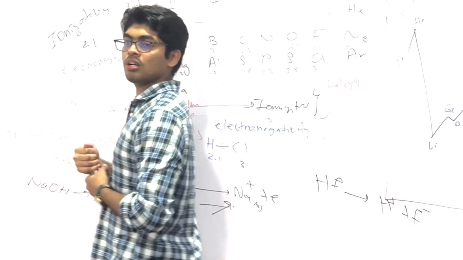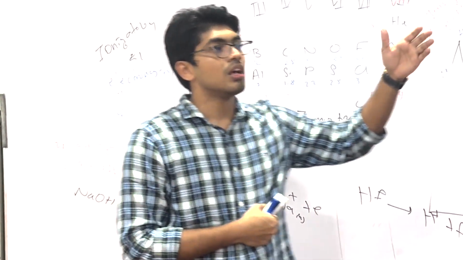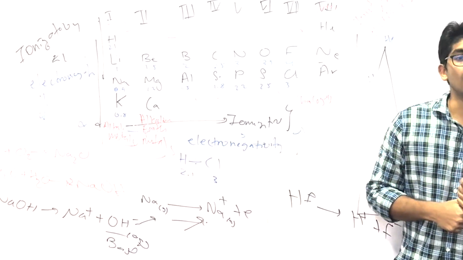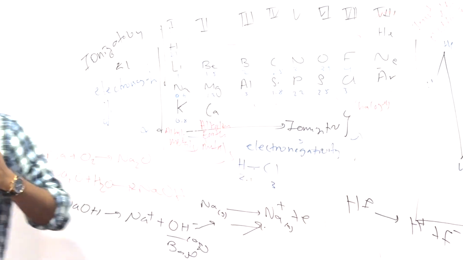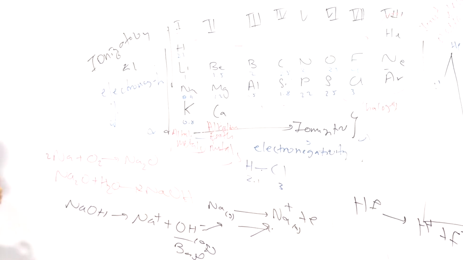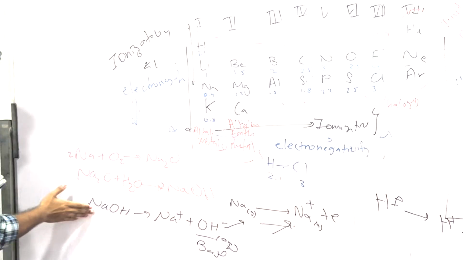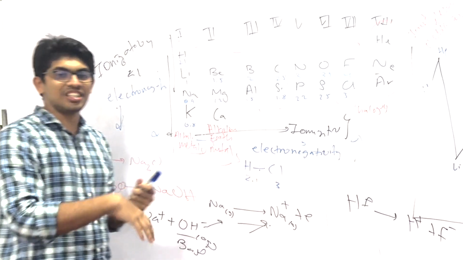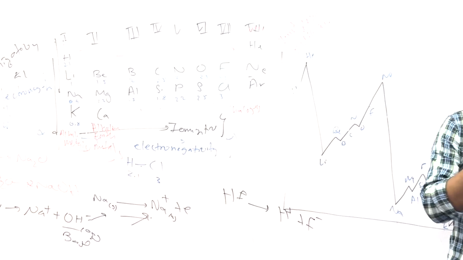Depending on the amount of H plus and OH minus ions that they release into the aqueous solution, we categorize them into strong acids, strong bases, weak acids, weak bases, and so on. And we have neutral compounds as well, such as water. If they completely ionize the aqueous solution with OH minus ions, we say it's a strong base.